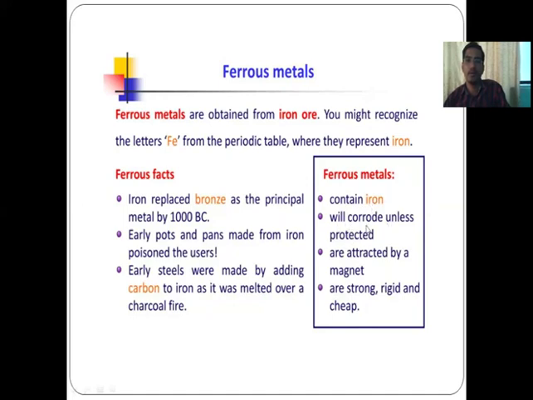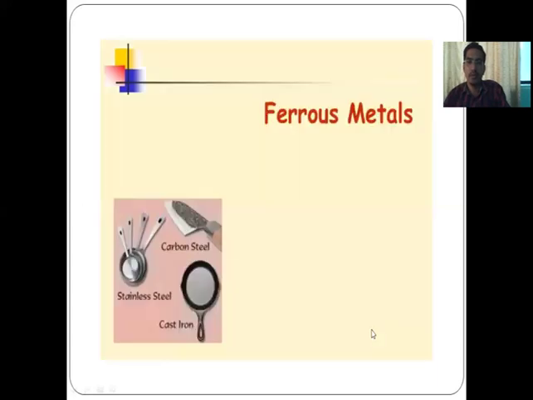If coating or protection is not provided, then they will corrode. Environmental oxidation-reduction reactions will be there, and corrosion will occur in ferrous metals also. Ferrous metals show good magnetic property, so they are attracted by the magnet. Next, they are strong in nature, rigid and cheap. So these are the characteristics or properties of the ferrous metals.